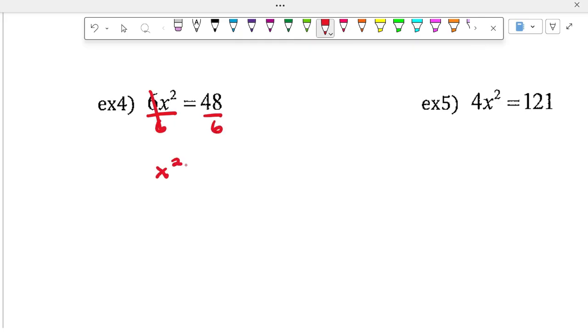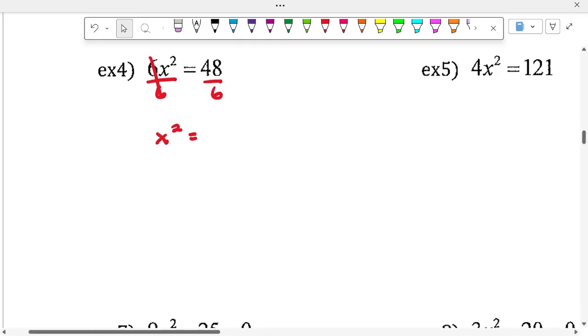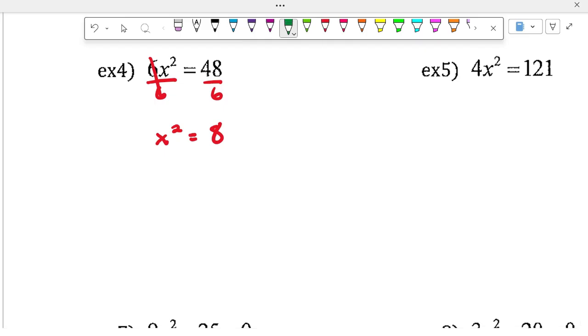So x squared is equal to, what's 48 divided by 6? 8. Now what can I do? Square root both sides. So that goes away. X is equal to plus or minus the square root of 8. Can I simplify the square root of 8 any? Yep.